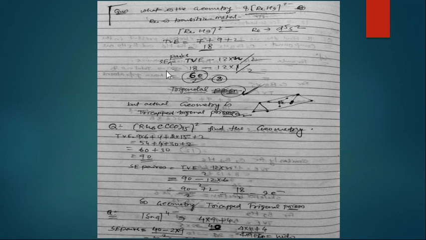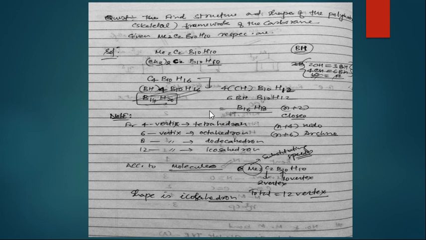So skeletal electron pair is this formula. Using this formula, it is coming 3 electron pairs. So if it is coming 3, then the structure will be trigonal. It is not mentioned otherwise, so you can easily say this is trigonal.